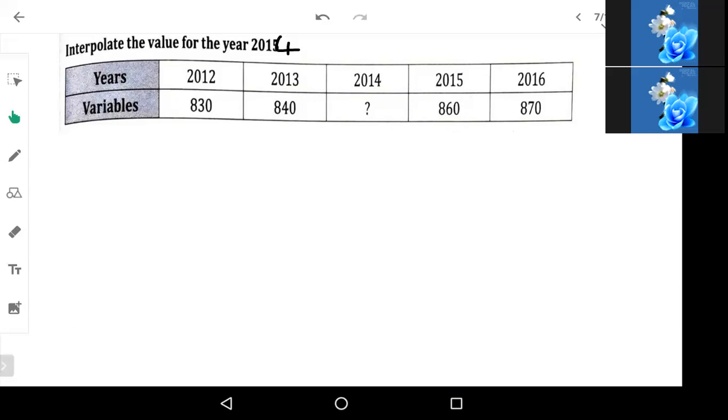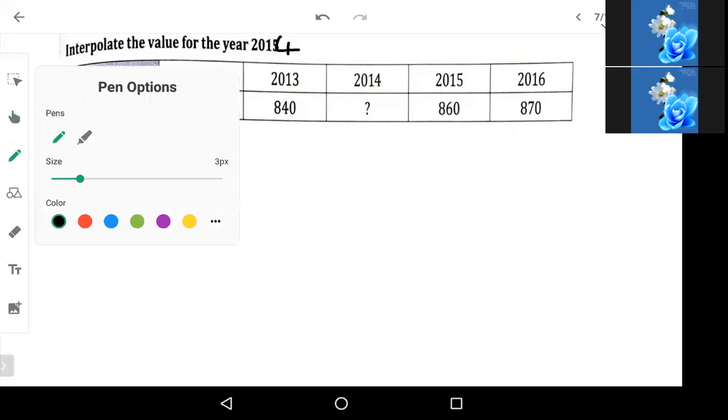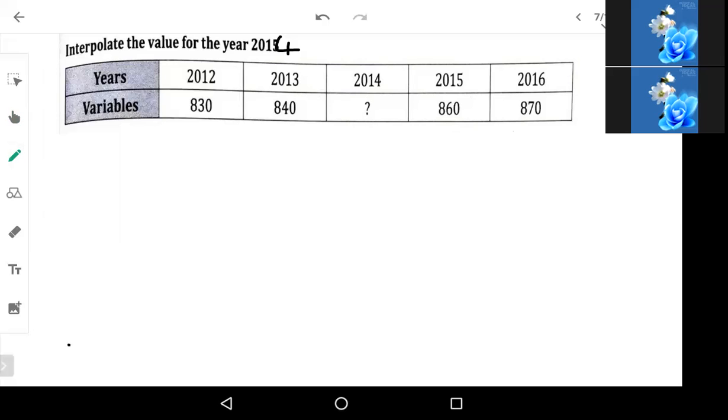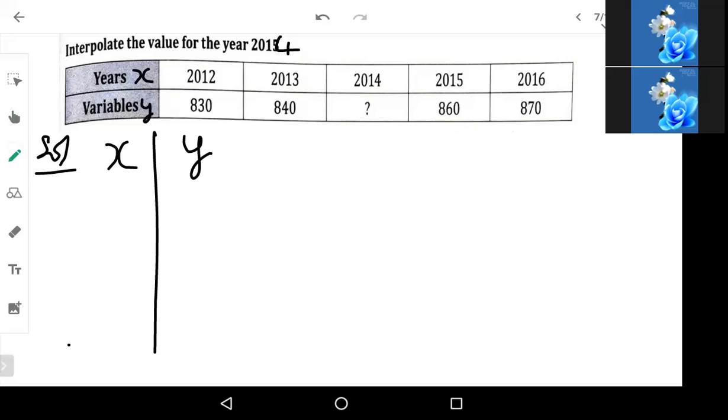Now this same data, we will represent in the tabular format. So solution. First, years will be X, and then the variables will be Y, because we want a dependent variable and an independent variable.